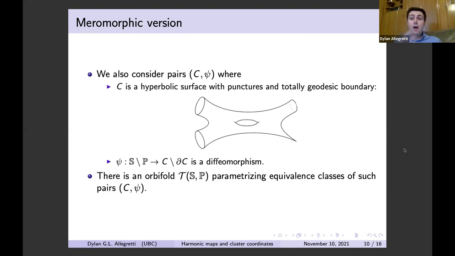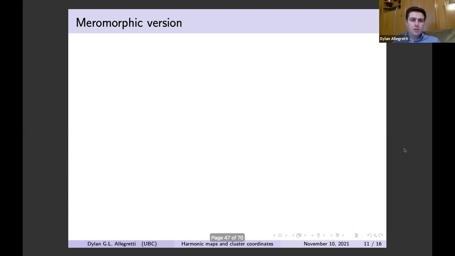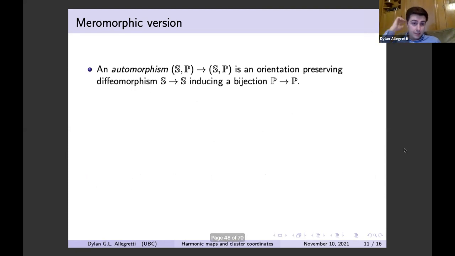Okay, so now I have defined some generalization of the space of quadratic differentials and of the Teichmüller space. There's a bit more terminology that I would like to introduce. An automorphism of one of these punctured surfaces means a diffeomorphism of the surface that induces a bijection or a permutation of the marked points.